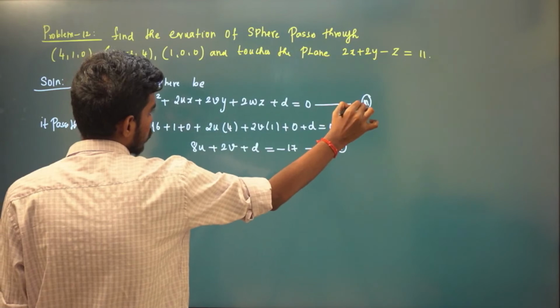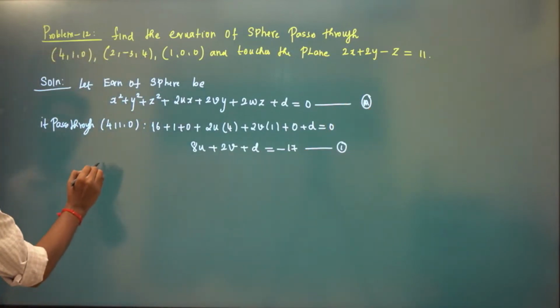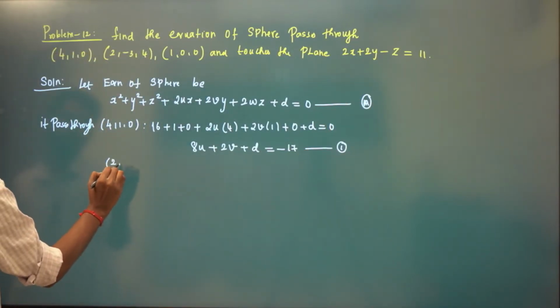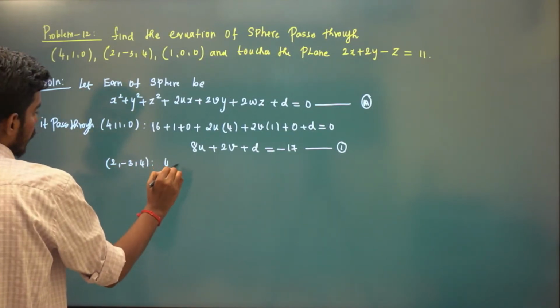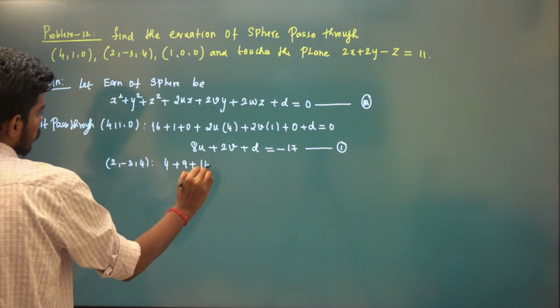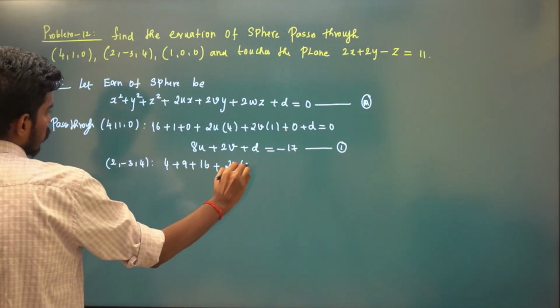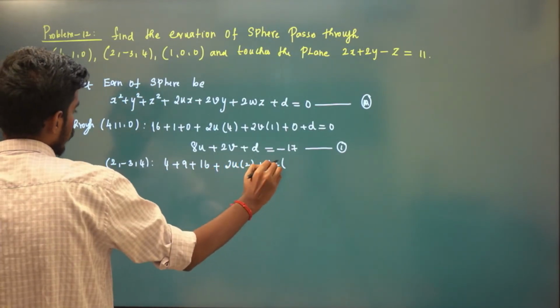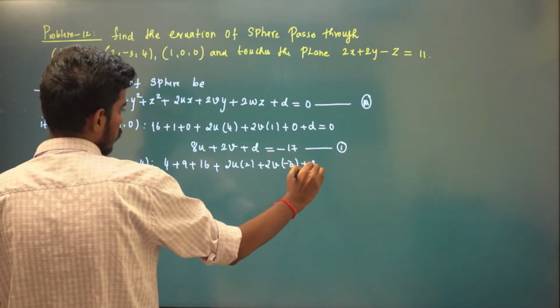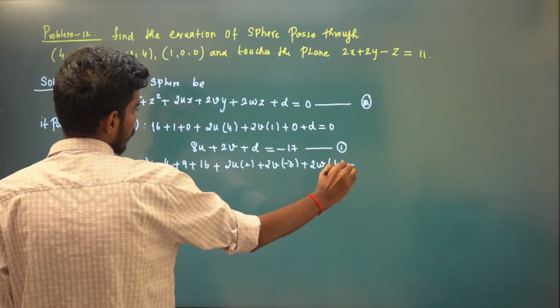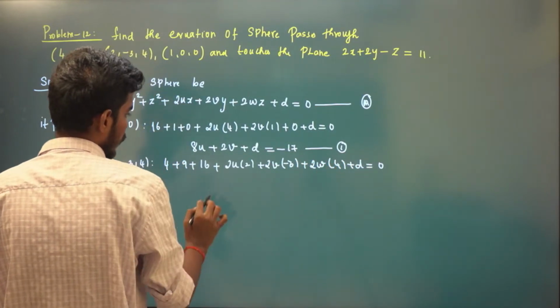Now again it passes through 2, minus 3, 4. So 2 square plus 3 square plus 4 square, plus 2ux, 2vy, plus 2wz plus d equal to 0.